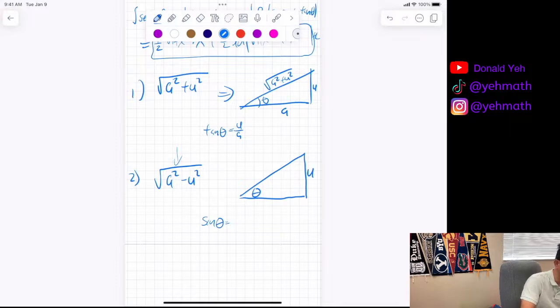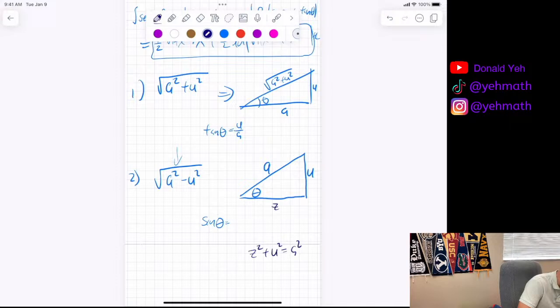So when you take sine, the constant is on the hypotenuse, so a would be the hypotenuse. We'll assume the other side is z, so z squared plus u squared equals a squared.